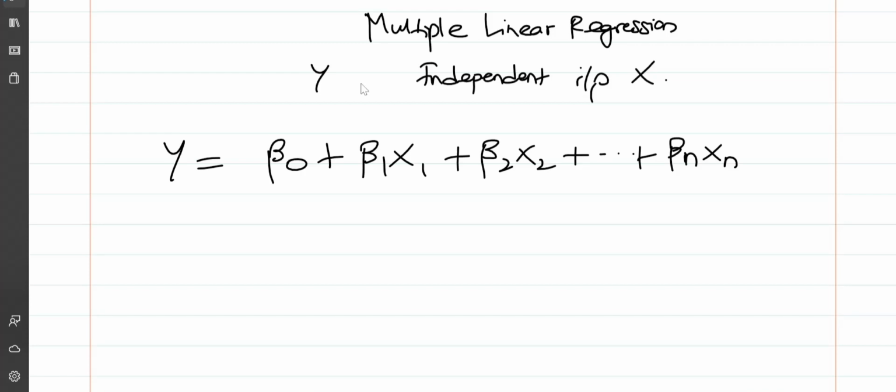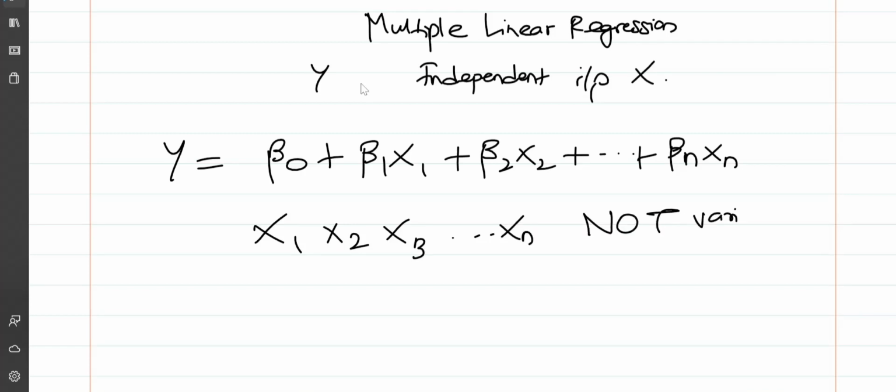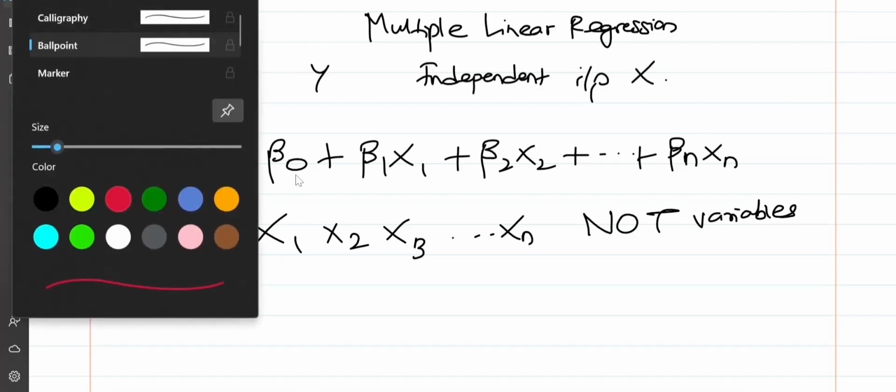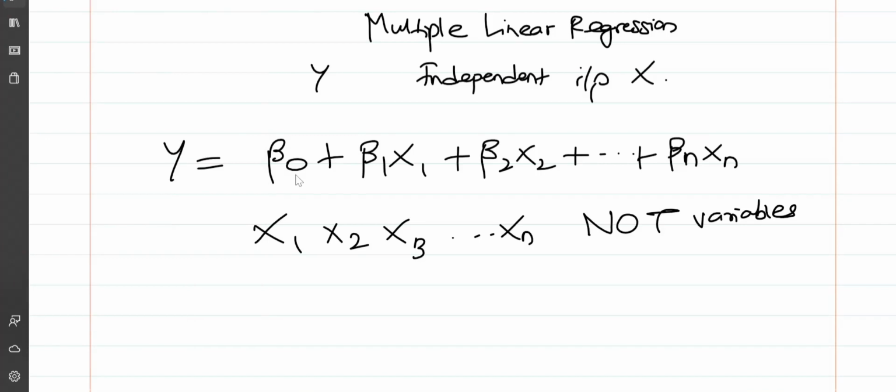And what you should remember here is that x1, x2, x3 to xn are not the variables here. These are values that are already known to us. These are the input values that we are providing. The real variables here are these: beta naught, beta 1, beta 2, and beta n.